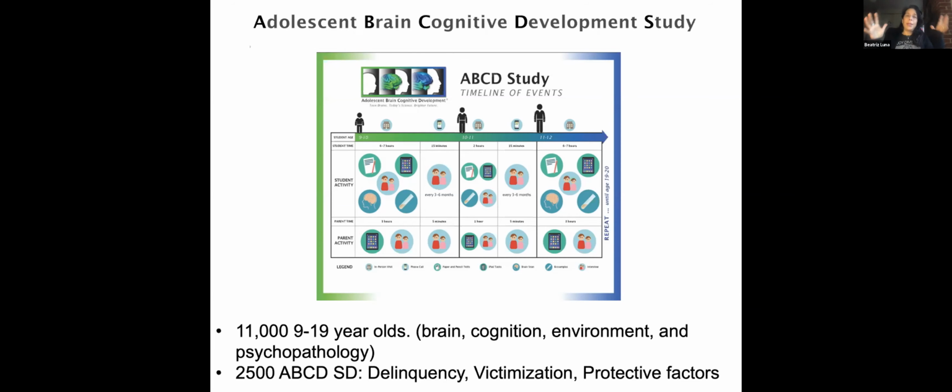And even within that, there's a subset called the ABCD Social Development Study, where about 5,000 of these individuals get even more assessments that tell us about things related to delinquency and those aspects of behavior, so that we can start being more translational.